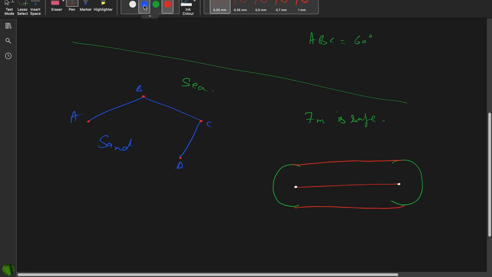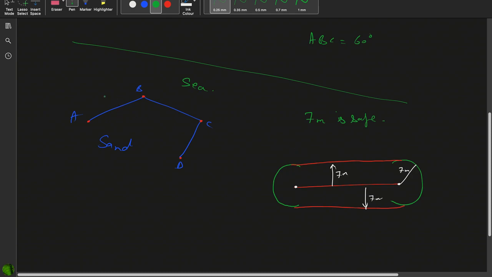Getting it? So if you measure it from anywhere, this is 7 meters from the original line. You do not need to erase these points. These are just construction steps.